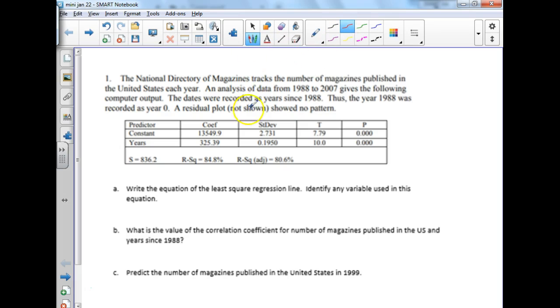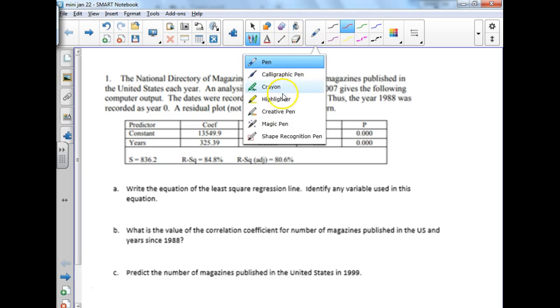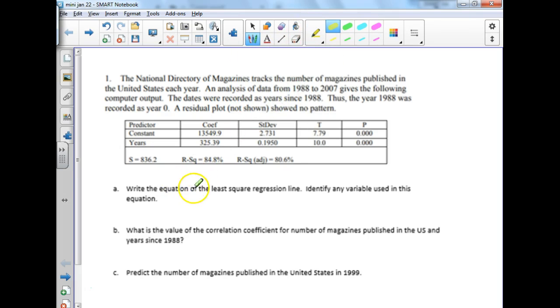There are lots of different ways that we can go with this information as far as what type of questions we could ask. We're given a date range. We're told we're talking about the number of magazines. We're told that 1988 was year 0. We're also told that the residual plot showed, even though it's not shown here, we didn't have a pattern.